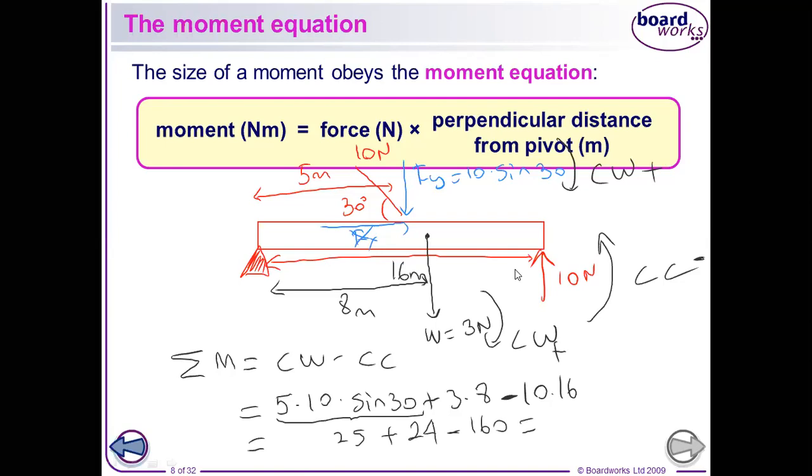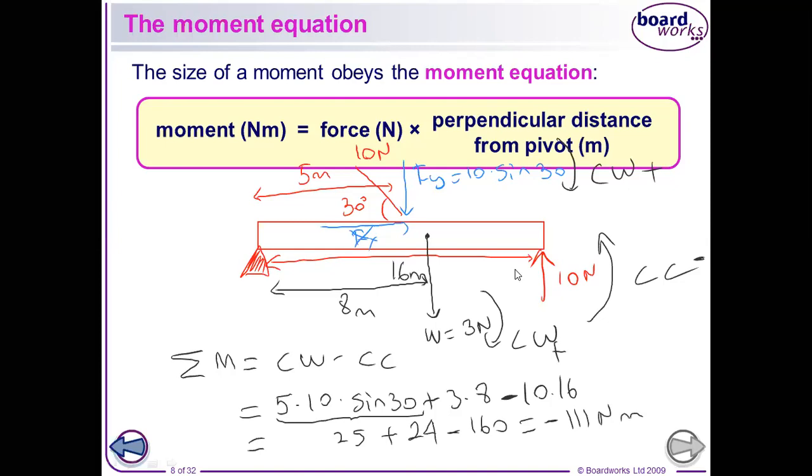So 25 plus 24 minus 160, when I use my calculator here, will be minus 111 Newton meters.